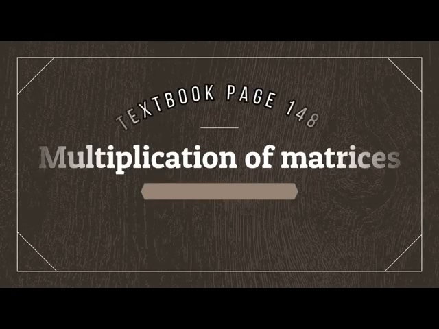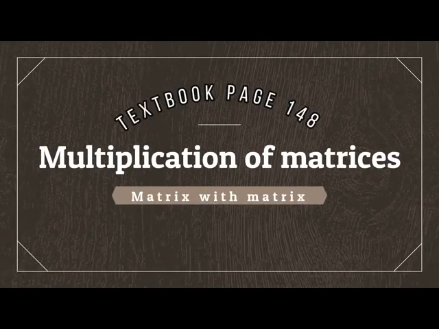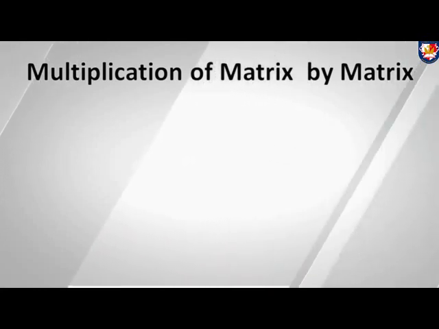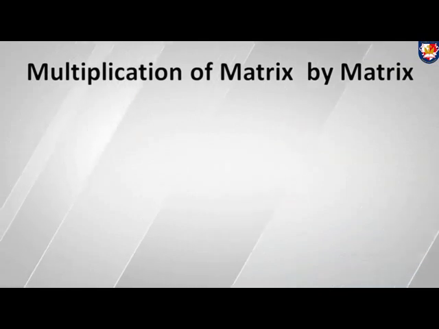Well, how about multiplication of matrix by matrix, or multiplication between matrices? There is a condition for two matrices to be able to multiply. Let's talk about that one.